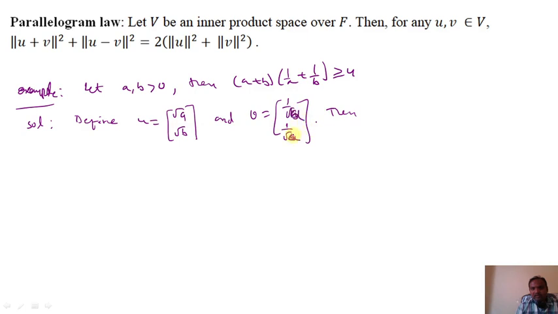What is the inner product of u comma v? This is u transpose v. Root a cancels, that's a 1. Root b cancels, that's another 1. So it is 2.